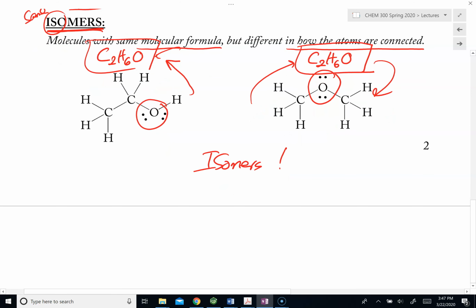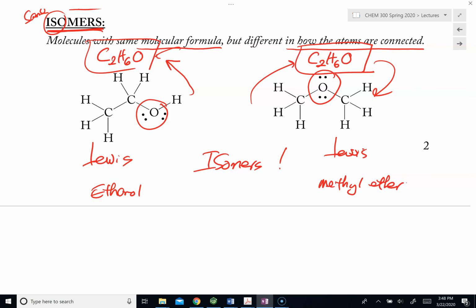But if we were given the structural formula, here in this case the Lewis structure, it is now possible for us to distinguish between these 2 molecules. The molecule on the left is ethanol, and the molecule on the right is called methyl ether. These are organic molecules that we will learn how to name later when you take organic chemistry.